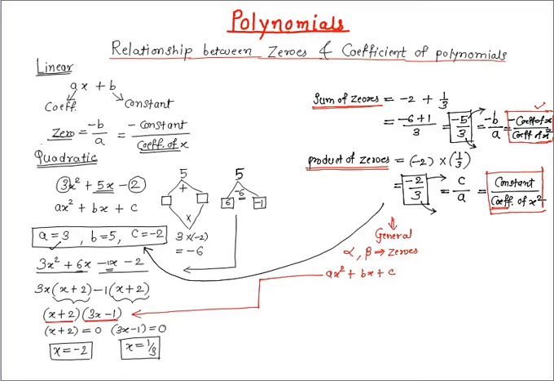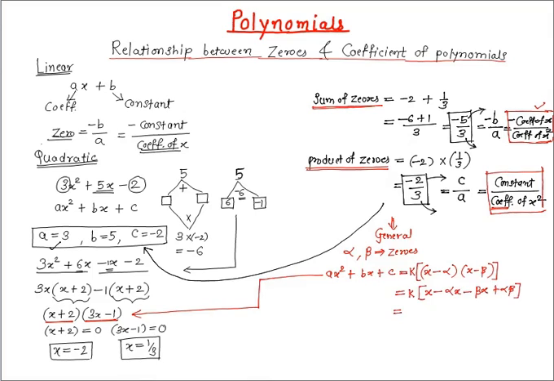So we can write this standard form quadratic polynomial as the product of these two terms, x minus alpha and x minus beta, and there can be a constant k. What we get is k times x square minus alpha x minus beta x plus alpha beta.